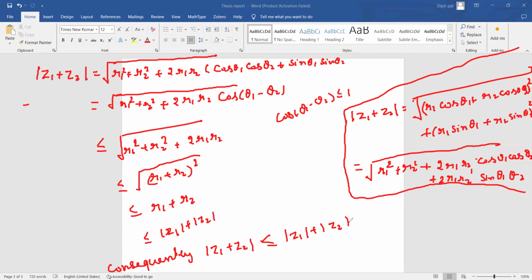We can prove it if we have more than two complex numbers, and the same rule is applied.